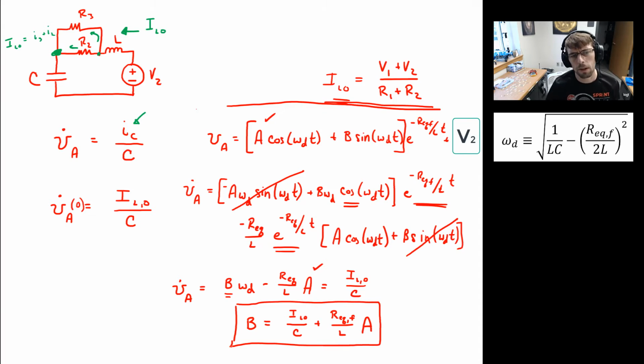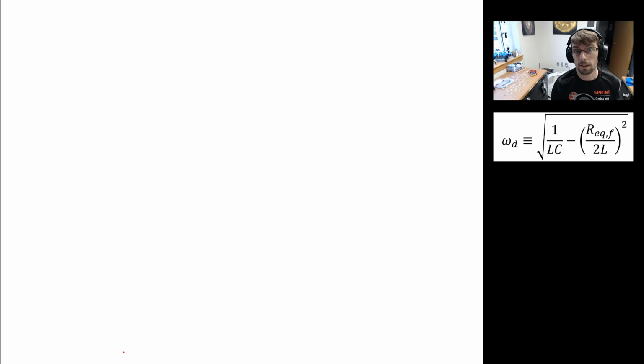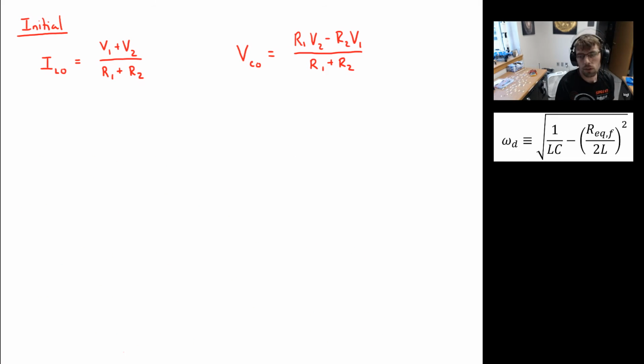So it seems like we should probably have a summary page. Let me go ahead and put everything together as a summary. I know it's a long process, so I'll just walk you through a couple of these. We started off with the initial condition, and that allowed us to find the current running through the inductor and the potential drop across the capacitor. After that, we applied node voltage, chosen just to try a different technique.